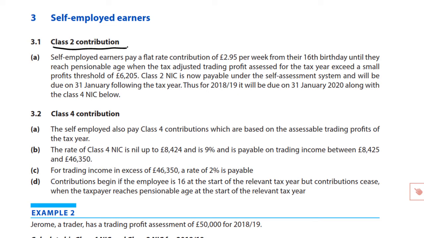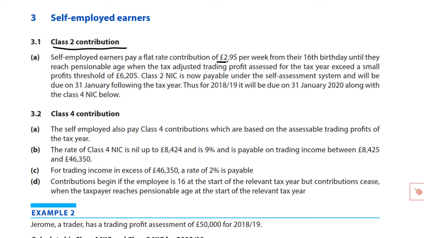So again, of course, if they ask you to calculate these contributions, then on a Section A question, it is vital that you pick this up and you know that it has to be computed. But in terms of reality, it's a very small sum that we're talking in terms of.